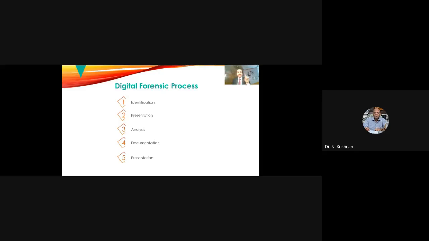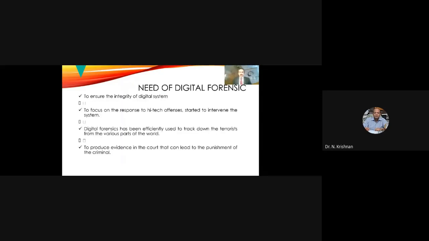So this is where we need to understand the digital forensic process, and the need for the digital process to ensure the integrity of digital systems, to focus on the response to high-tech offenses. Digital forensics has been efficiently used to track down terrorists from various parts of the world and to produce evidence in court that can lead to the punishment of the criminals.